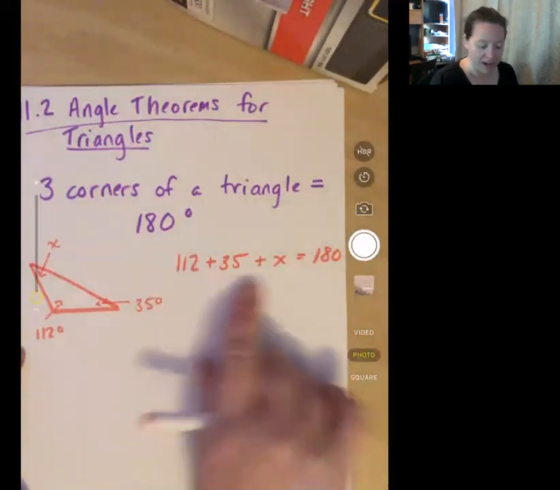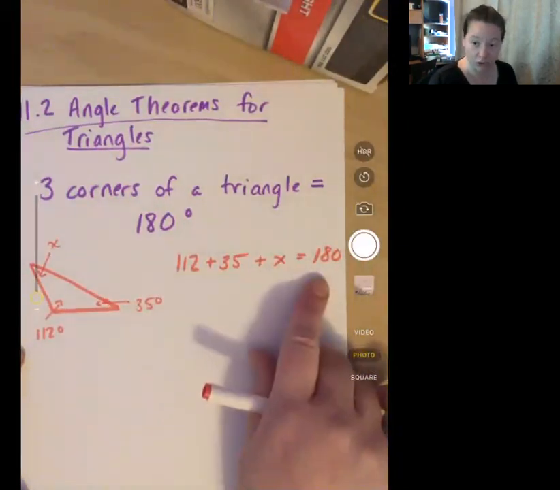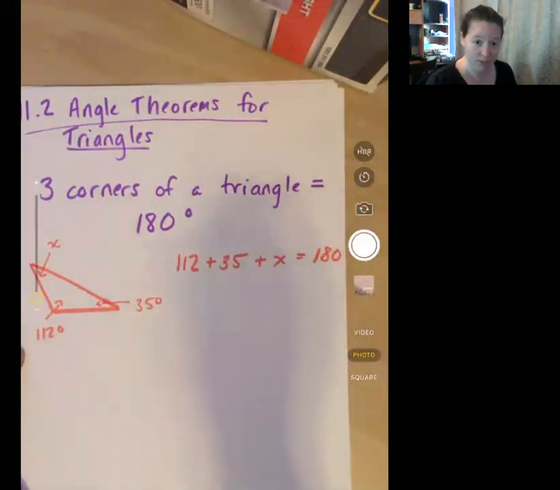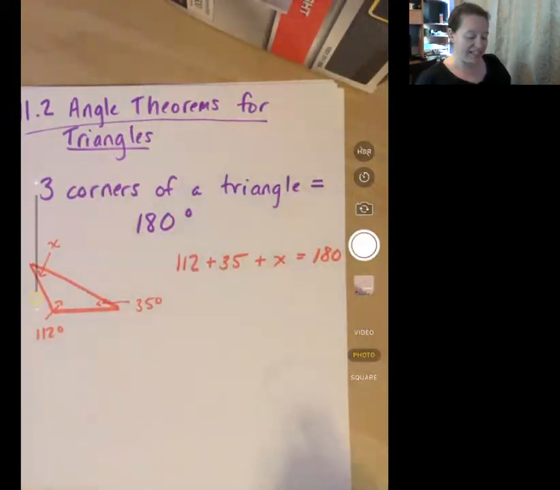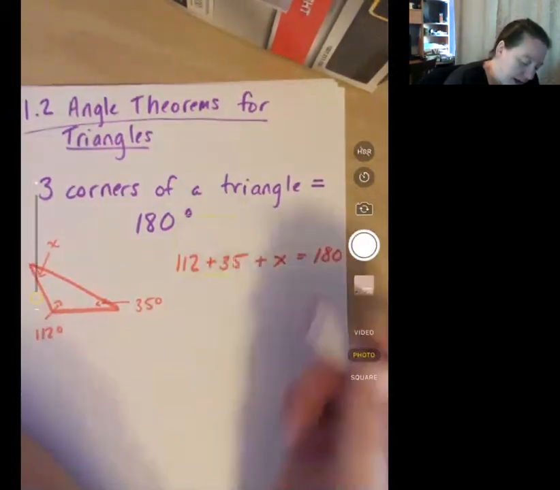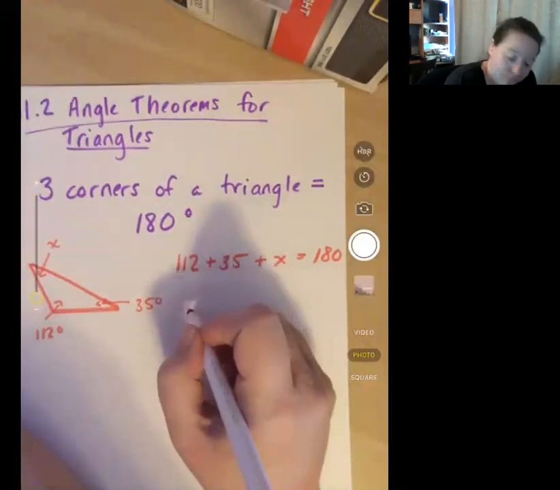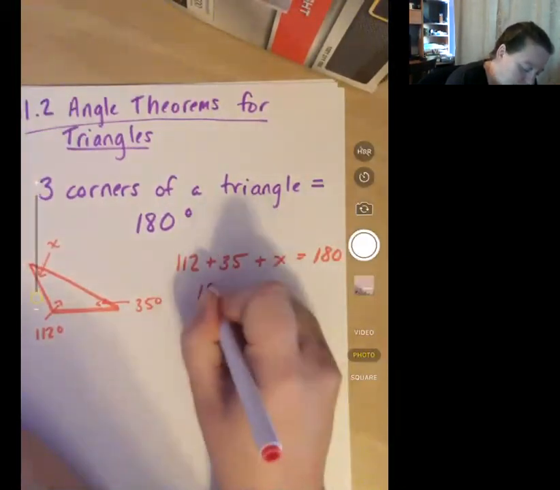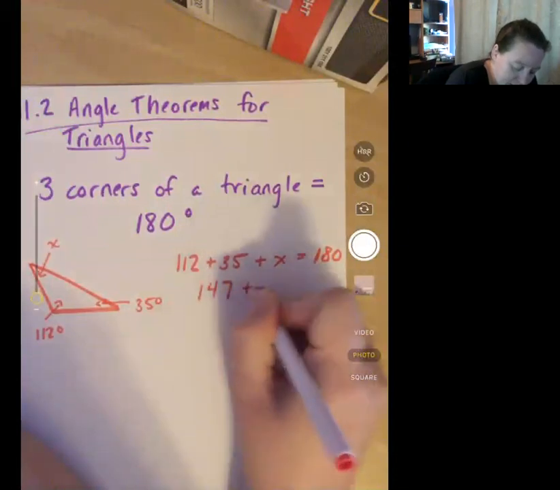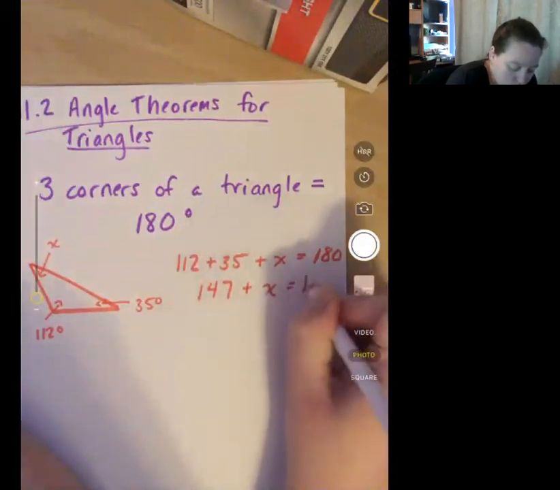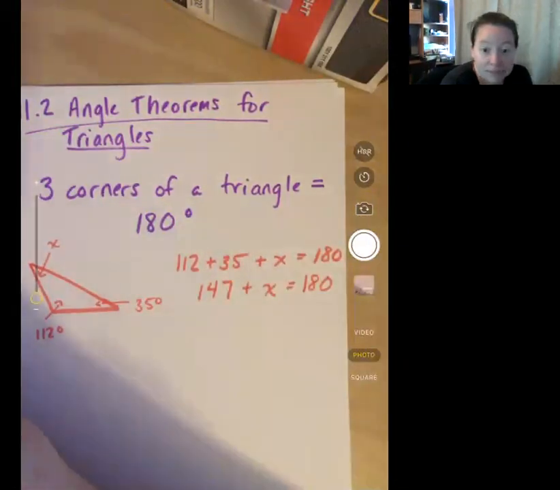Then I add together my 112 and my 35, and I get 147 plus x is equal to 180.